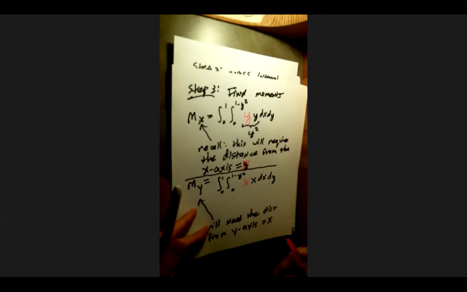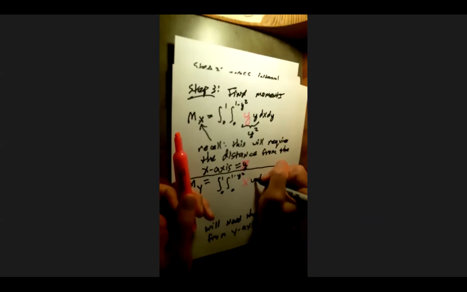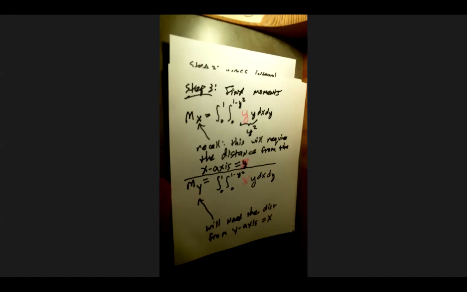And so we'll multiply by, wait a second, I'm sorry. Is this supposed to be y? It is, I got a typo. X. Thank you, whoever provided that correction. Okay. Here's our formula for moment about the x, moment about the y.